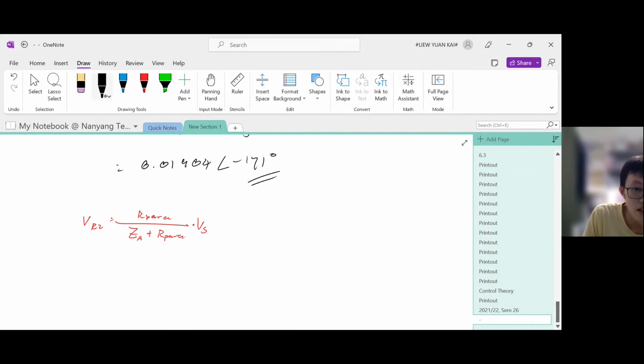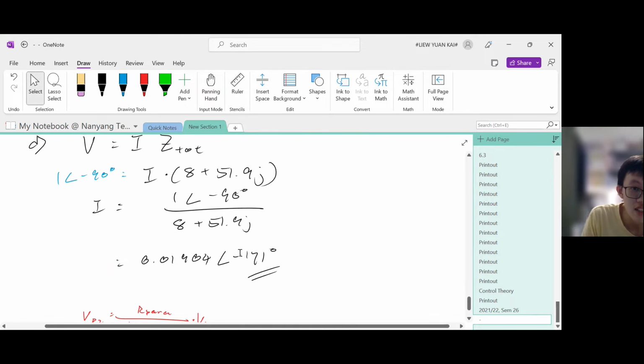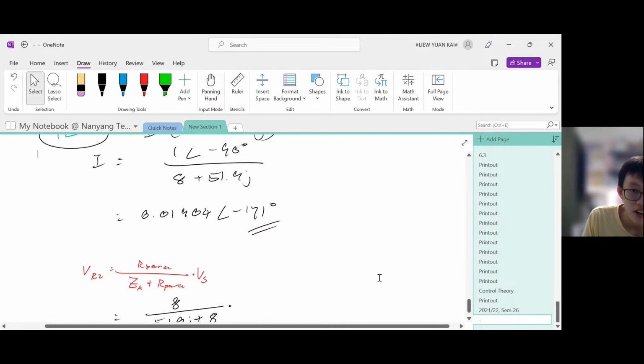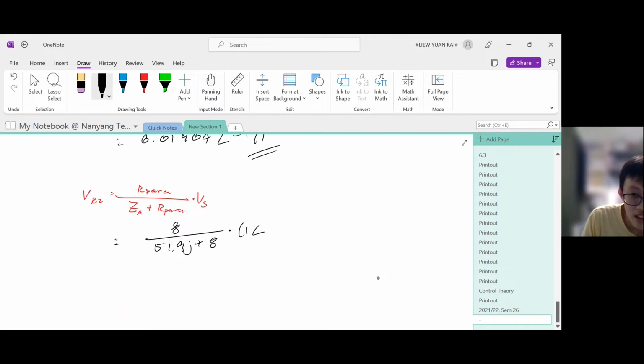So R parallel we got earlier is 8. So 8 over the total impedance that we got, which is 51.9J plus 8, times the Vs, which is this, one at an angle of negative 90. Let me just punch this in my calculator, see what I get.